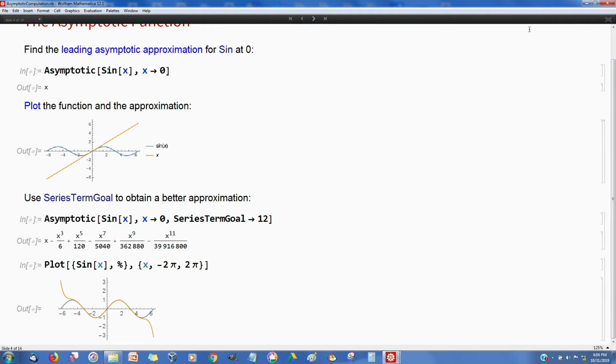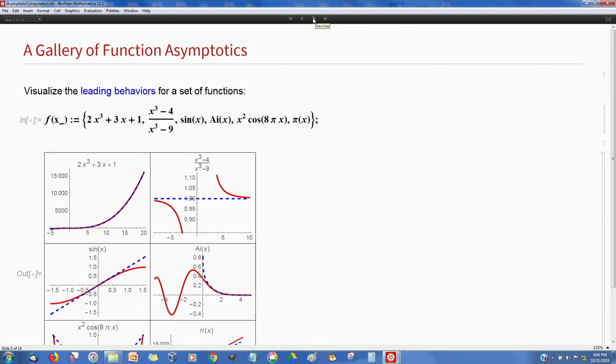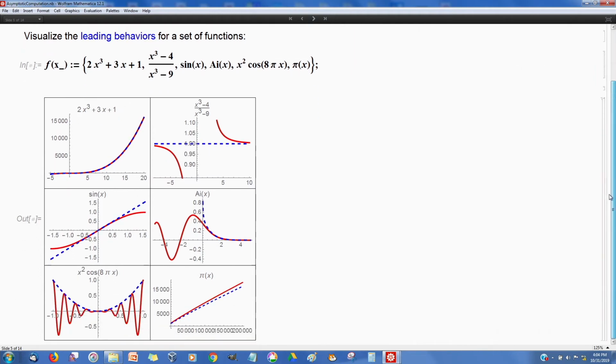Okay, so just to prove that point, I'm going to show you a gallery of function asymptotics. So I have a polynomial, a rational function, a trig function, the Airy function, a trig function again, polynomial trig, and the prime pi function from number theory. So all these functions have got nice asymptotics. There you see. In each case, the red curve is the actual function.